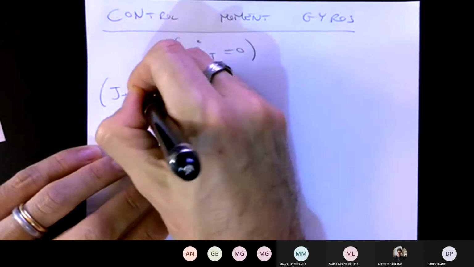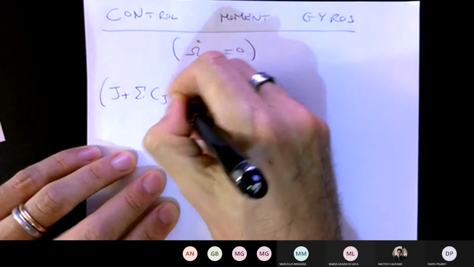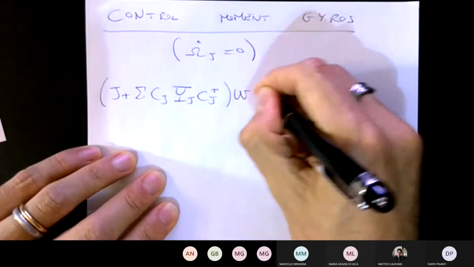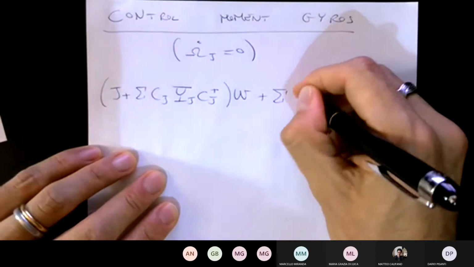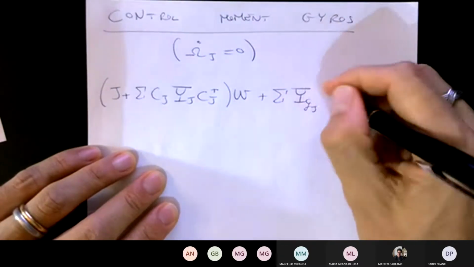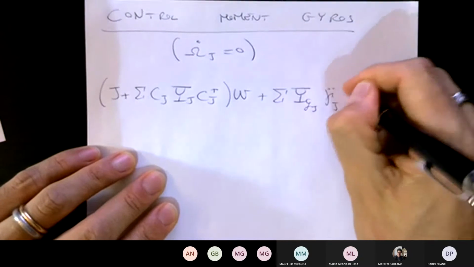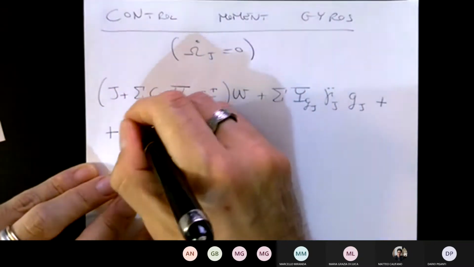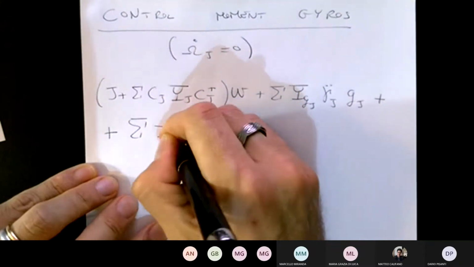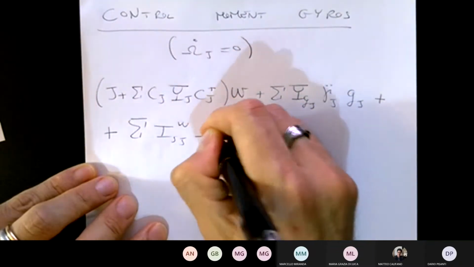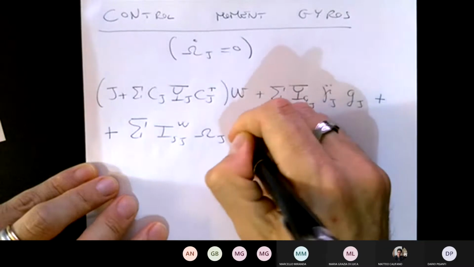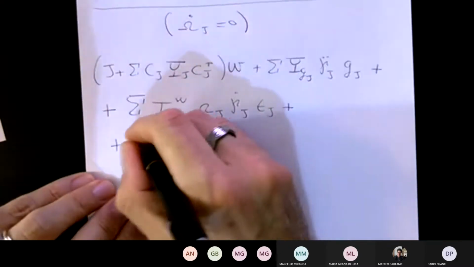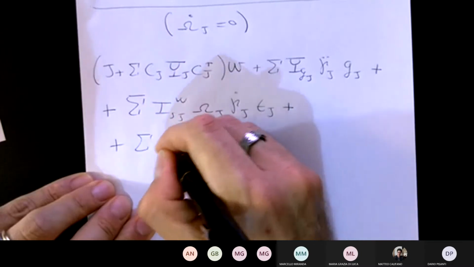J plus summation Cj Yj Cj transpose omega plus summation Ygj gamma j double dot Gj plus summation Isjw gamma j, omega j gamma j dot Tj. Then I have, these are the terms here.